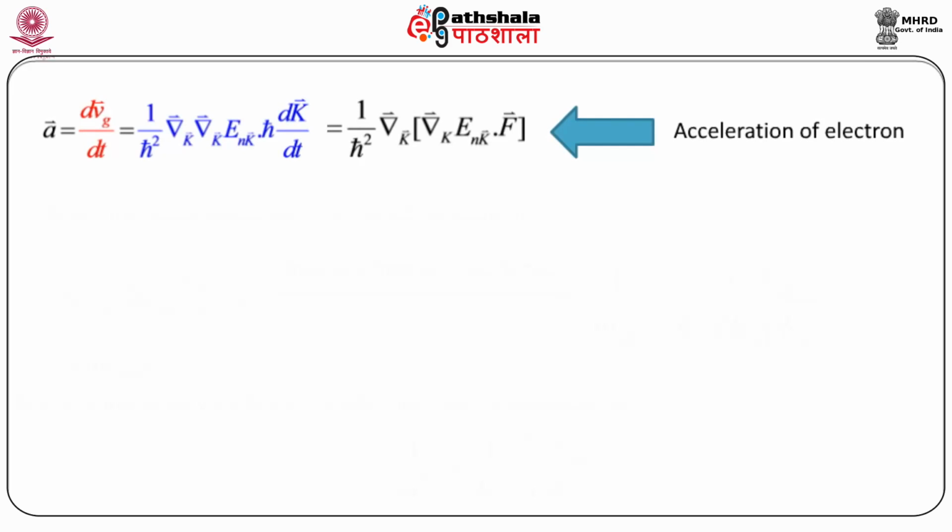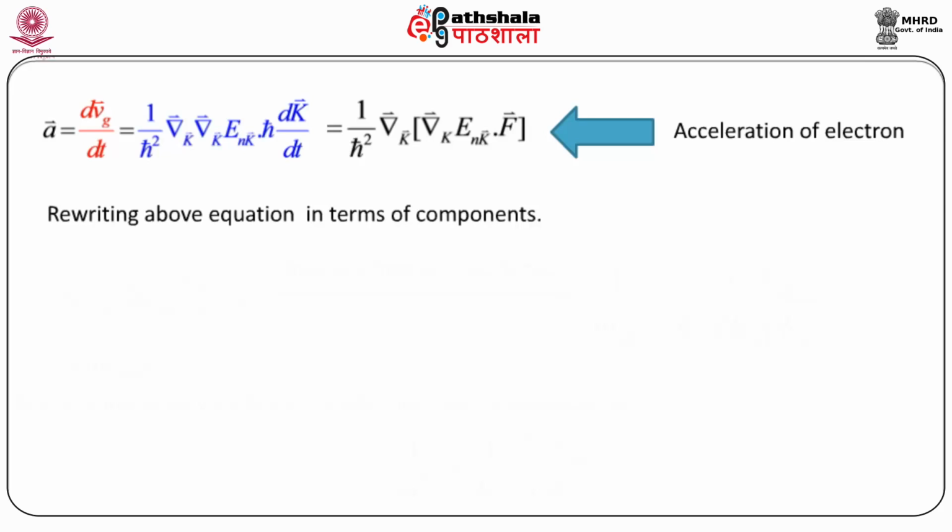The acceleration of the electron is written as the rate of change of the group velocity, which is equal to 1/h-bar squared times the double derivative of the energy E(k) dot h-bar dk/dt, which is equal to 1/h-bar squared times the double derivative of the energy dot the force F. We have written this down taking the help of the definition that we found for the force, F is equal to h-bar dk/dt.